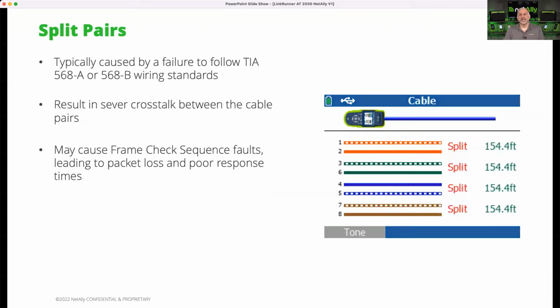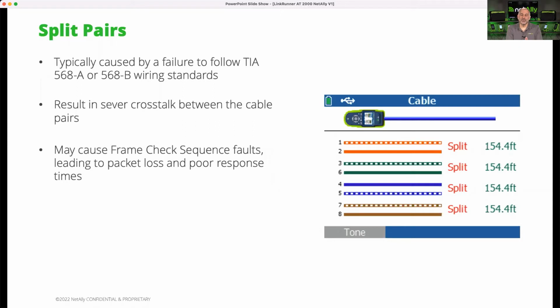Split pairs. This is a case where somebody didn't follow the TIA 568A or 568B wiring standard. What they did was they ended up splitting some of the pairs that are defined by the wiring standard across the physical pairs in the cable. Now, one of the reasons we use twisted pair cable is to ensure that we are canceling out interference.